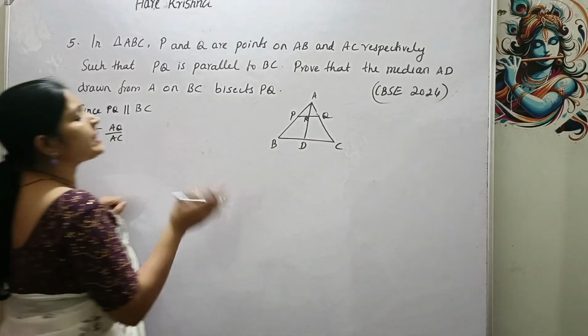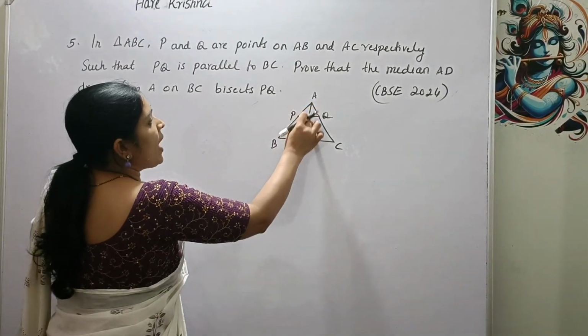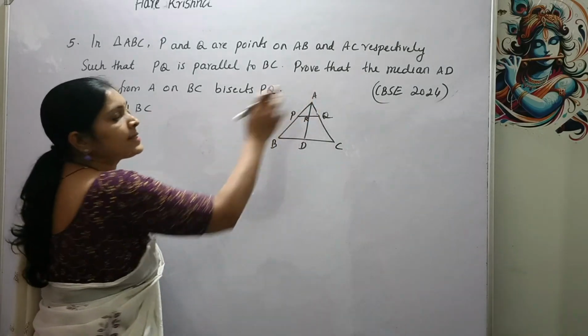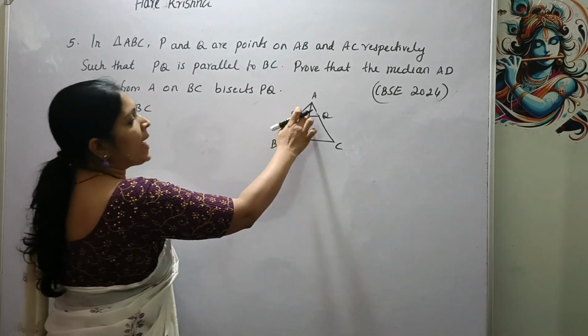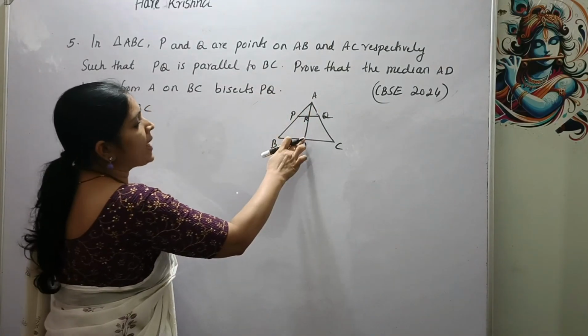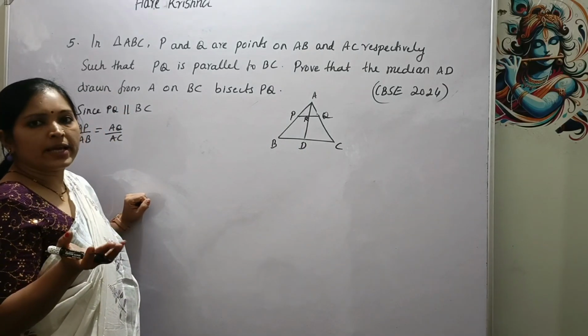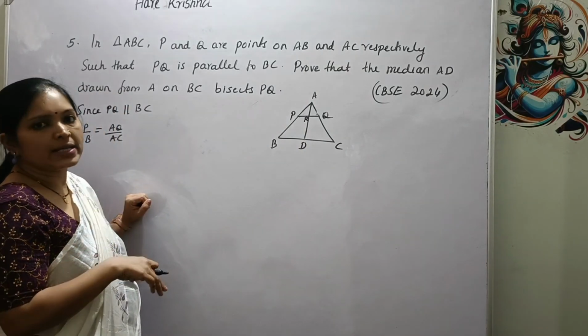And next let's consider two triangles APR and ABD. See, in these two triangles, A is the common angle and angle R is 90 degrees, angle D is 90 degrees. Right? So, by AA criterion, we can say these two triangles are similar.